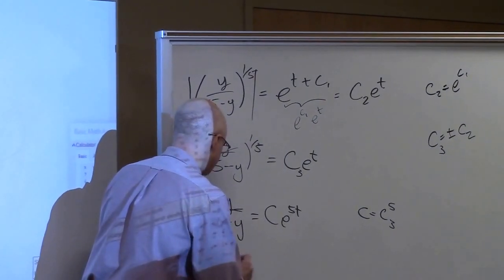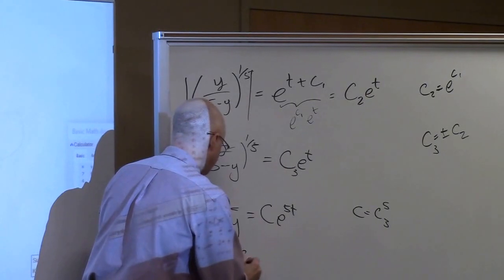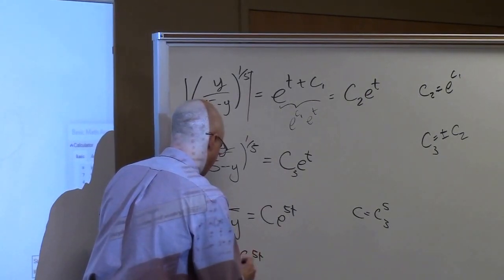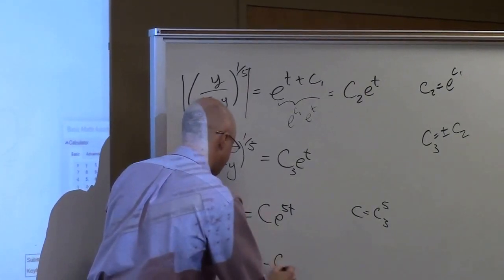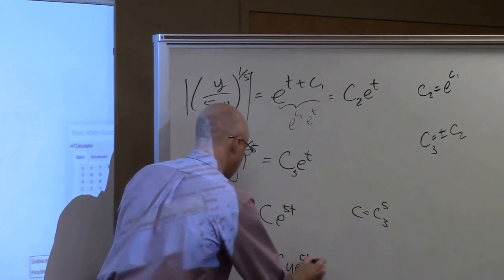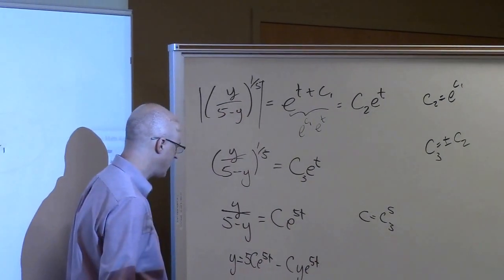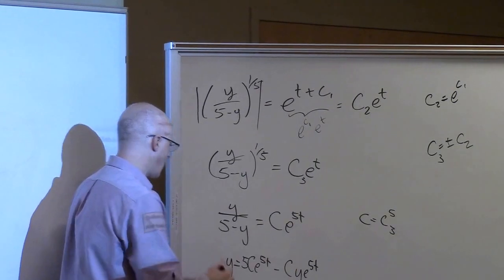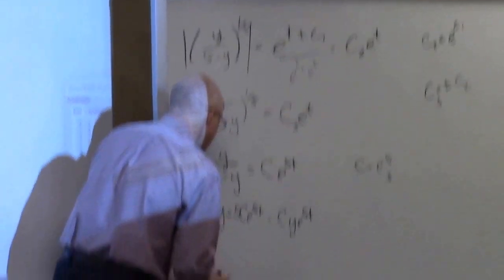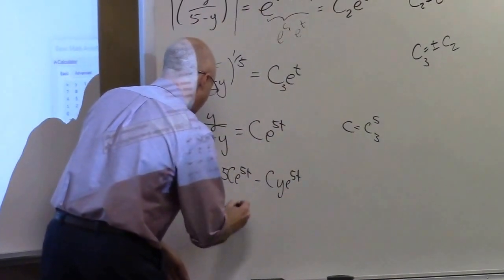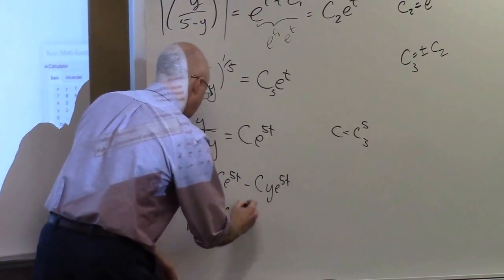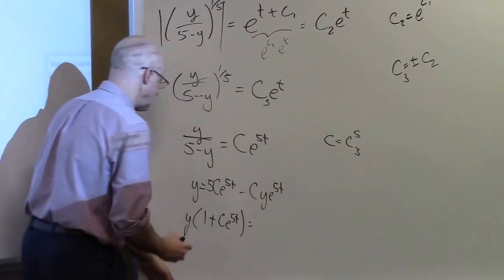We want to solve for y. Go ahead and cross multiply. That will help you solve for y. That's what you get when you cross multiply. Now get the y's on one side by themselves, and factor out the common factor of y.